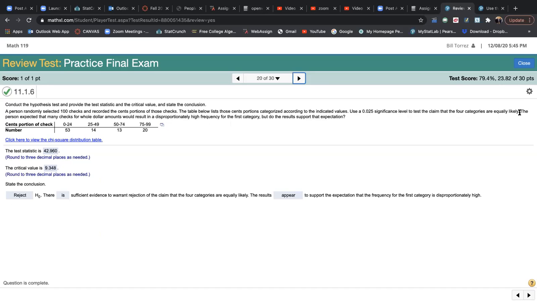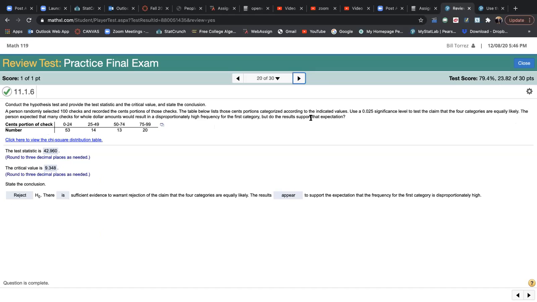All right. And the person expected that many checks for the whole dollar amounts would result in disproportionately high frequency for the first category. The first category are 0 to 24 cents. All right.